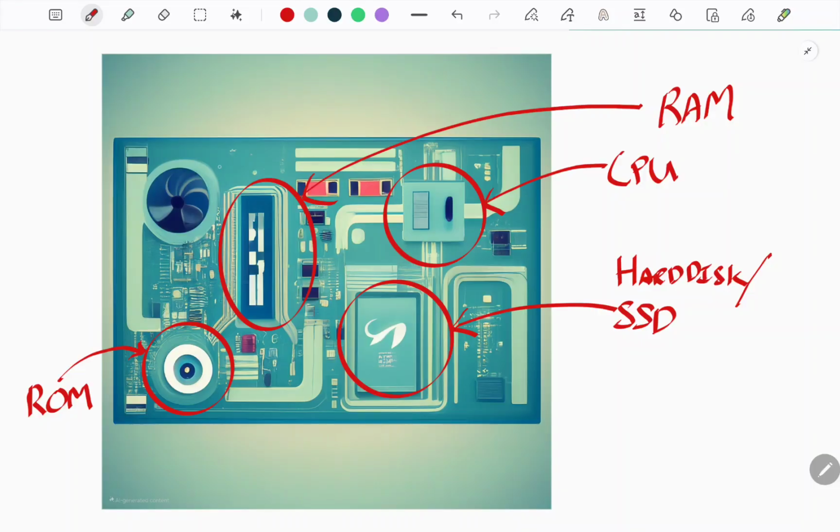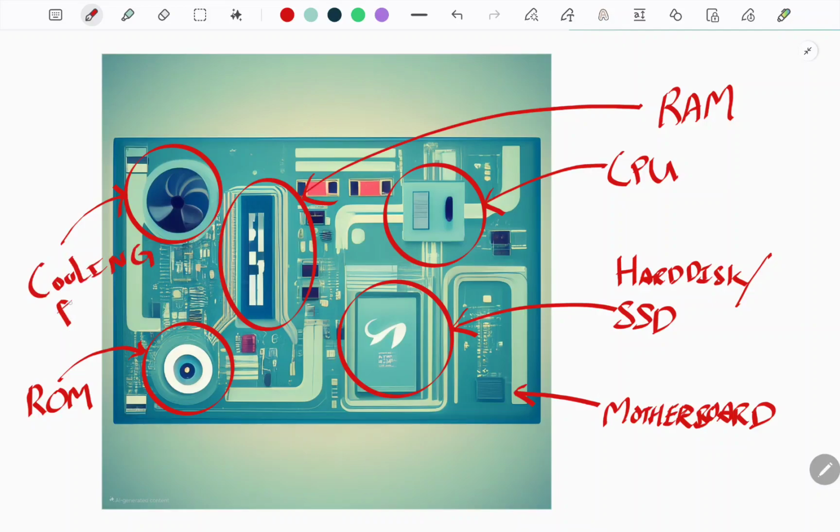We got, what's some more, the motherboard itself, and we got the fan, the cooling fan, right? Apparently it shouldn't be there, I just put it over there just for the cooling fan.